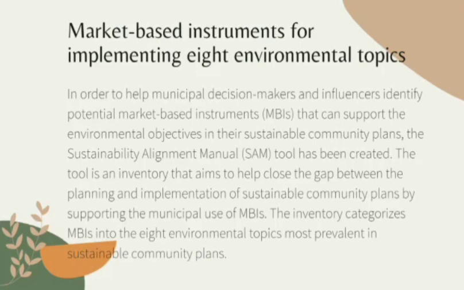The inventory categorizes MBI into the 8 environmental topics most prevalent in sustainable community plans. So the 8 environmental topics are transportation, water quality, solid waste, air quality and energy, land use, climate change, food security, and lastly ecological diversity.